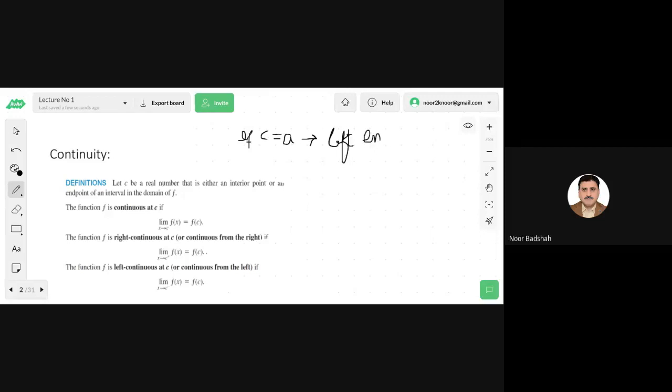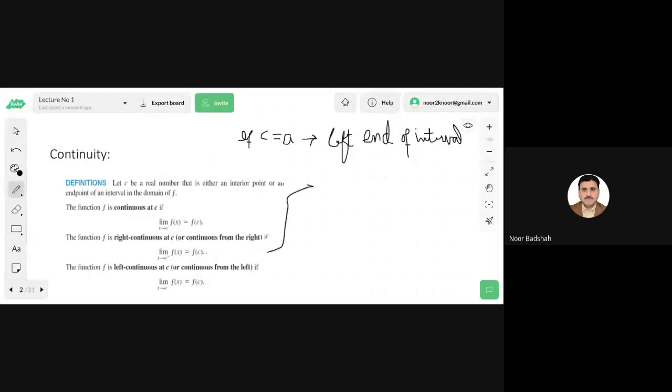If we have a left end of interval, in that case we say the function is right continuous at that point. Then this is the definition for it.